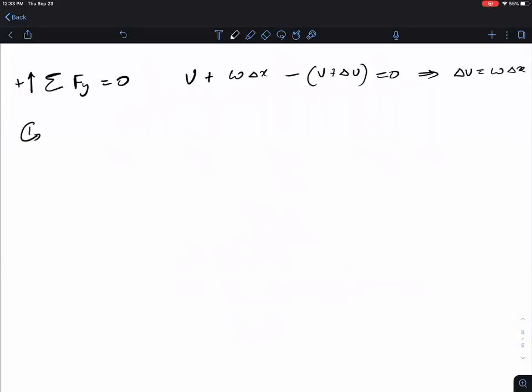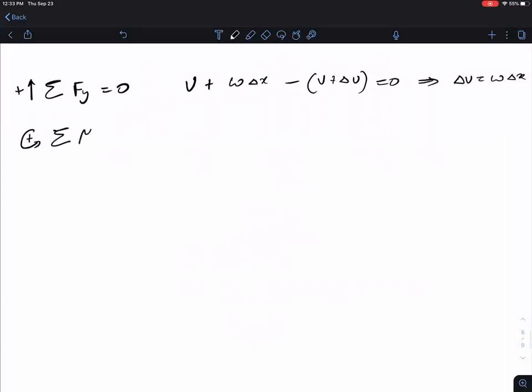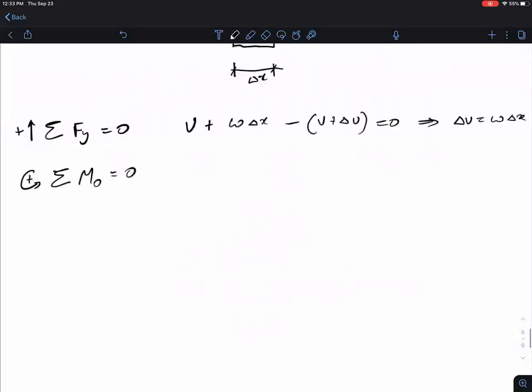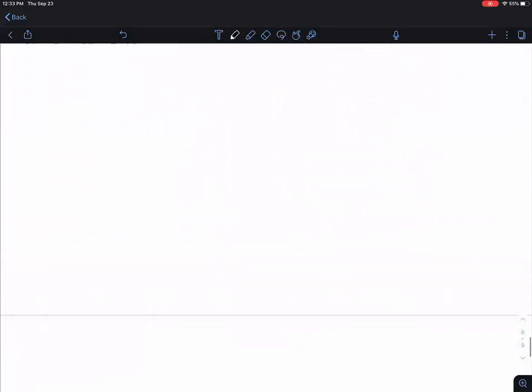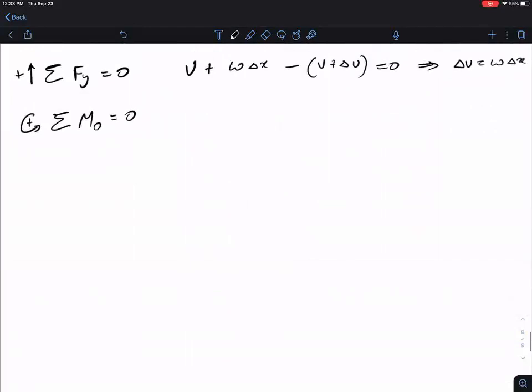Then we can take the sum of moments about point O, which we did not specify, but we'll do that now. We will call the point at the right end and mid height of the segment point O. We take the sum of moments about that point, and we get the following equation.